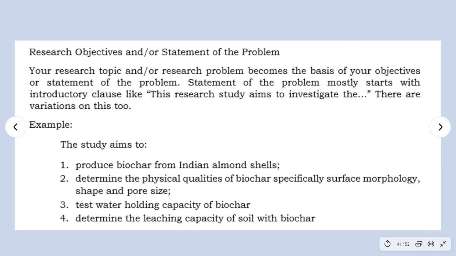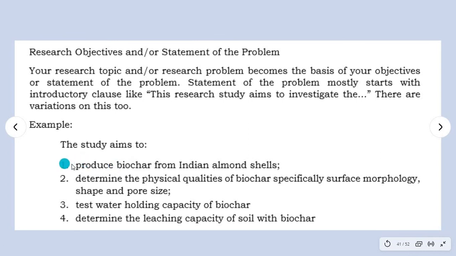The statement of the problem in most writings starts with introductory clauses like this research study aims to investigate, a paraphrase of your title, and then this study specifically aims to answer the following. The questions can be in question form or statement form.